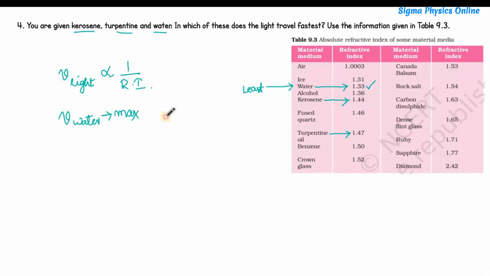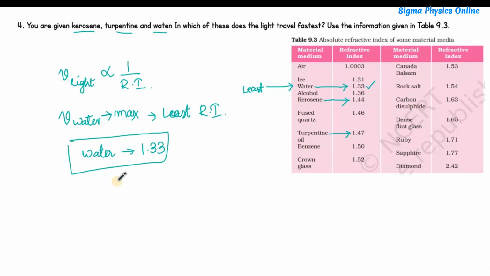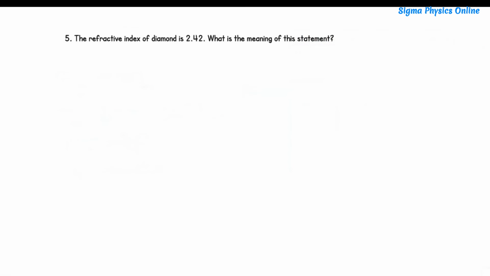Okay, because it has the least refractive index. Alright, so the answer should be water. With a refractive index of 1.33, the speed of light will be maximum in case of water. So this is the fourth question. Let's solve the next question now.